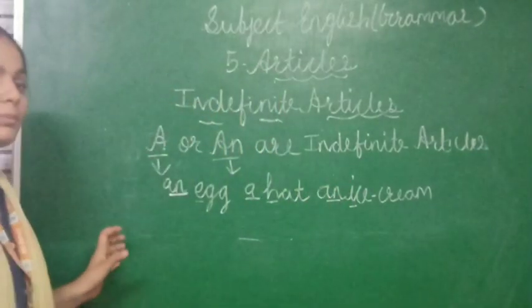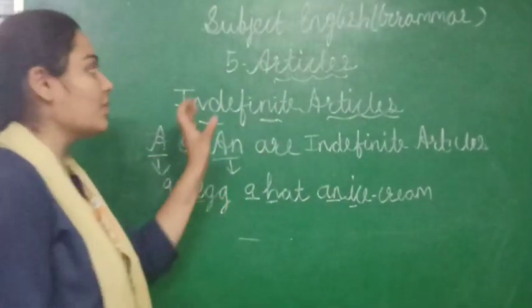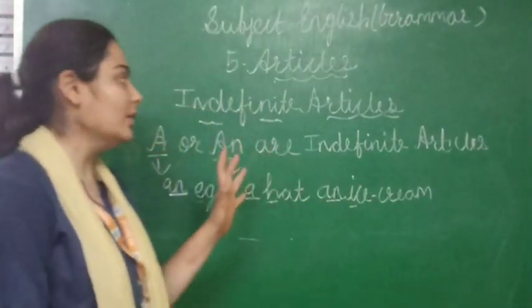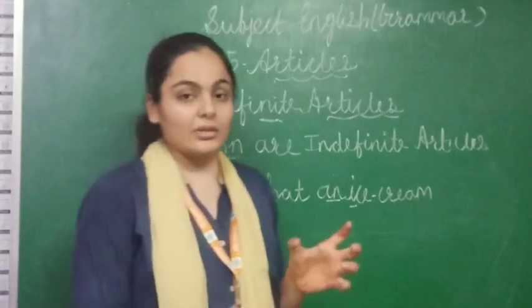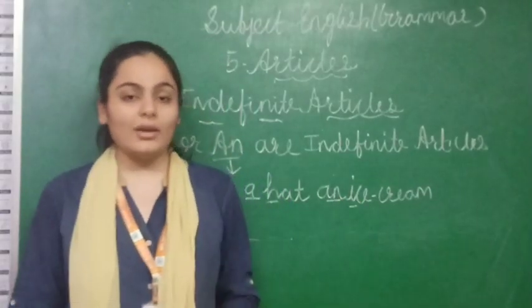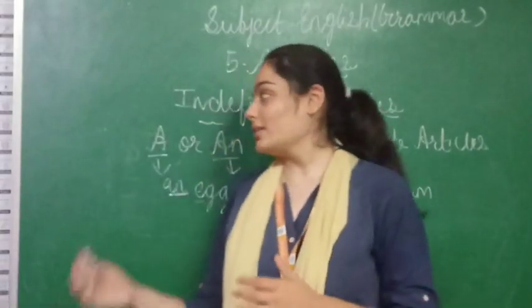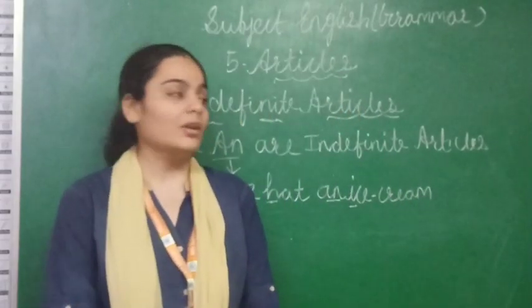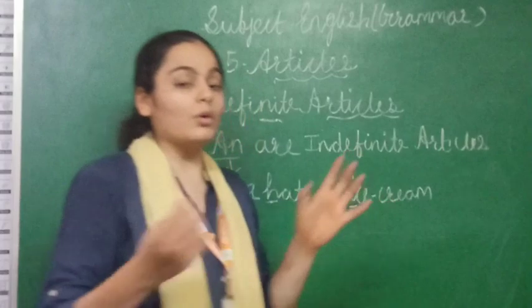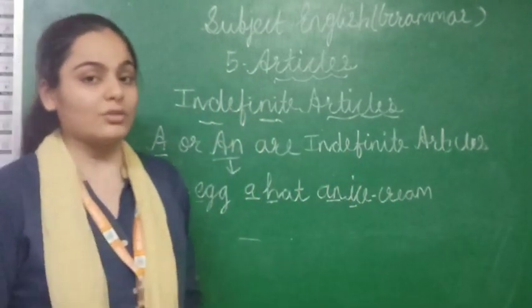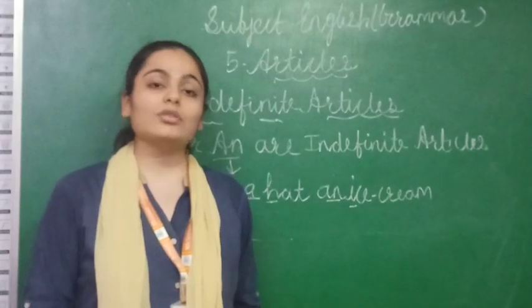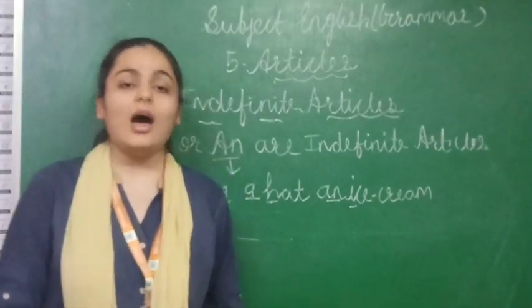Okay, this is the basic information we will learn in chapter 5, articles, and what the indefinite articles are. I hope you all understood this concept very well: what vowels and consonants are, and with which we use a and with which we use an.